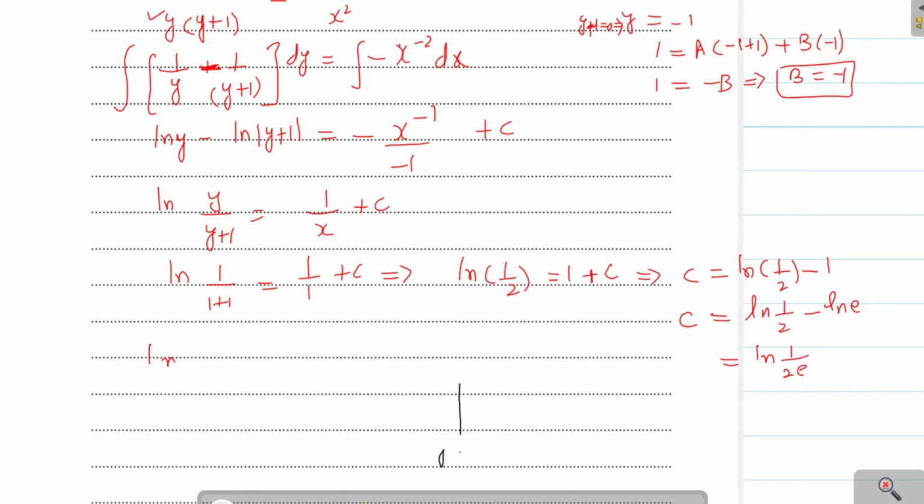This equation becomes ln y over y plus 1 equal to 1 over x plus ln 1 over 2e.